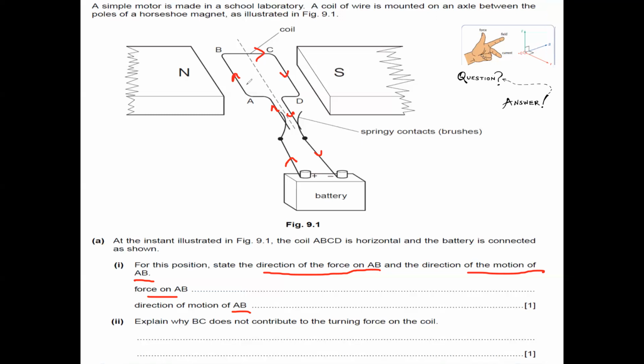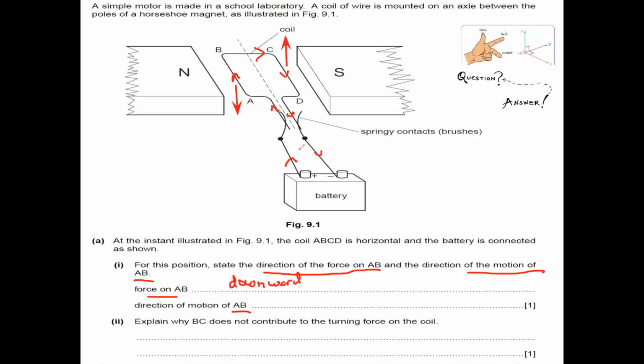So as a result, what will be the direction of the force? The direction of the force is downward for A and B. And what is the direction of the force for C and D? It will be upward. So they're asking, state the direction of the force on AB. That is downward. And what is the direction of the motion?